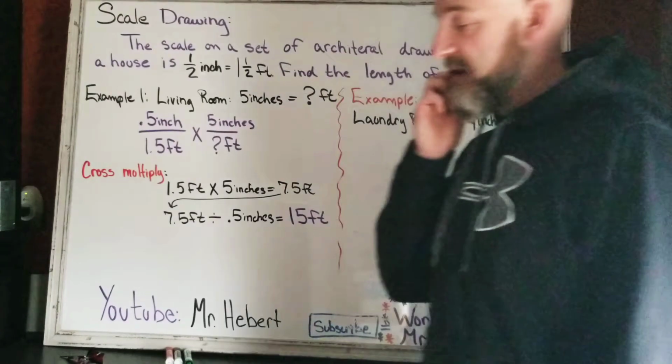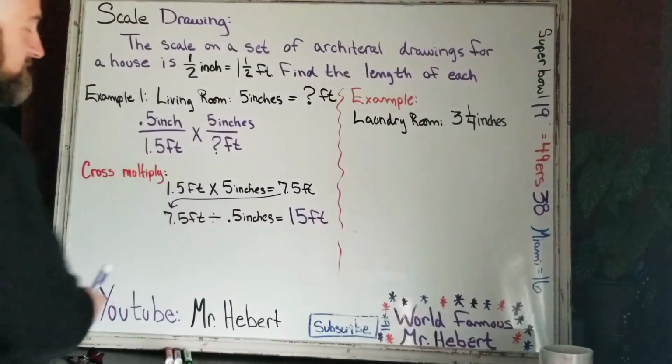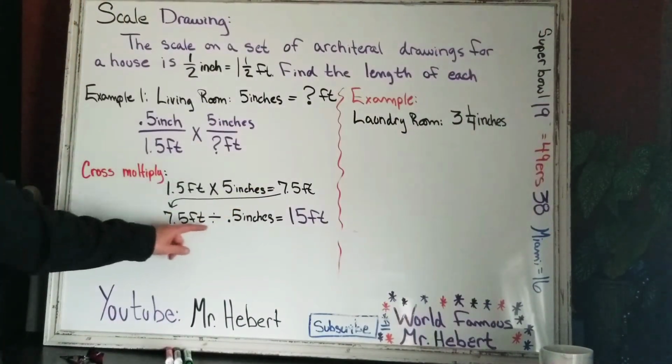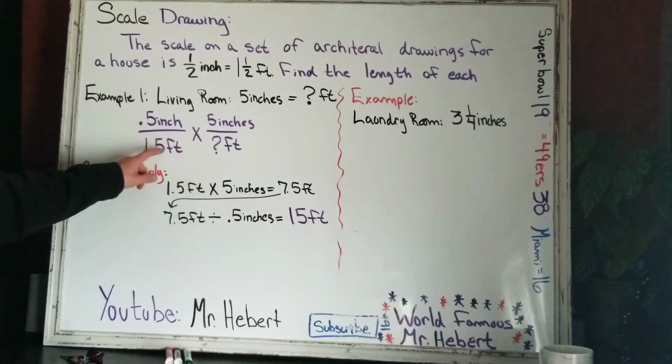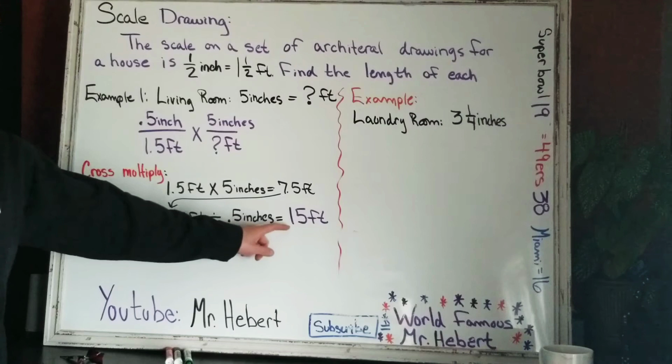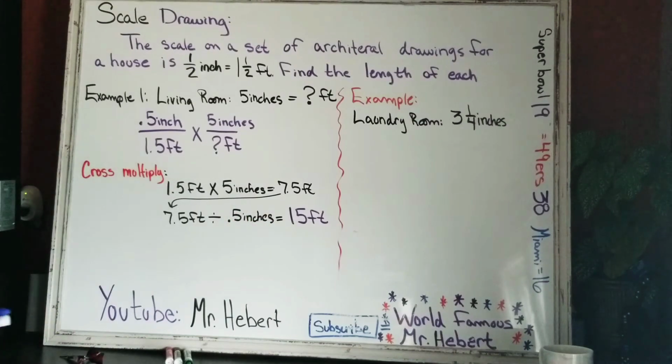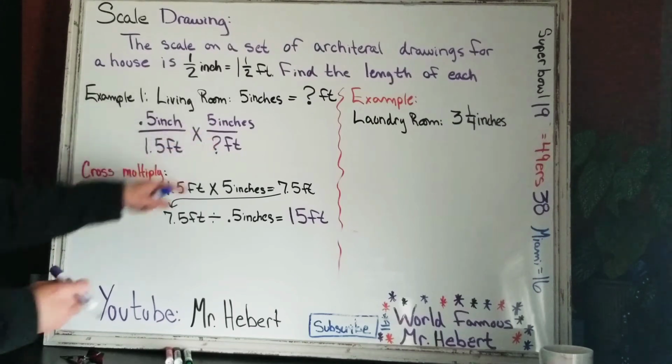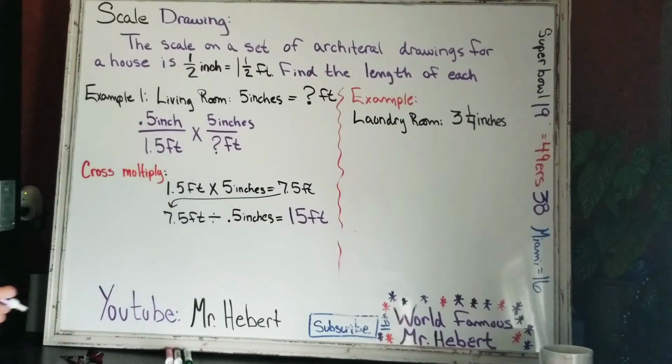Now we're going to take that number, bring that down to the bottom. We're going to do 7.5 feet divided by our 0.5 inches, which comes out to be 15 feet. So then the entire room at 5 inches long would equal 15 feet.